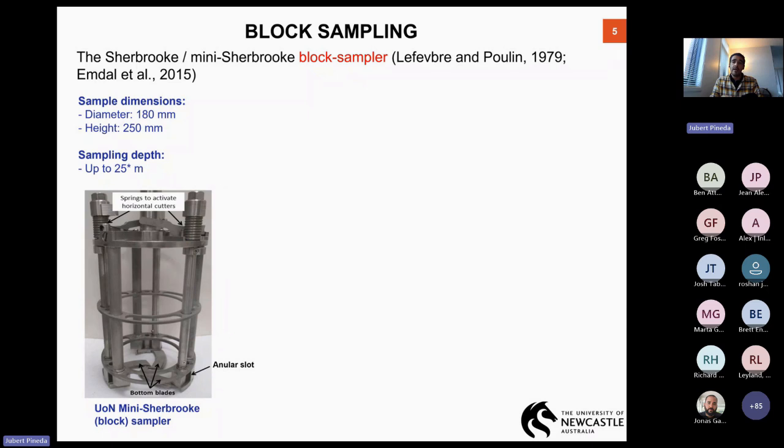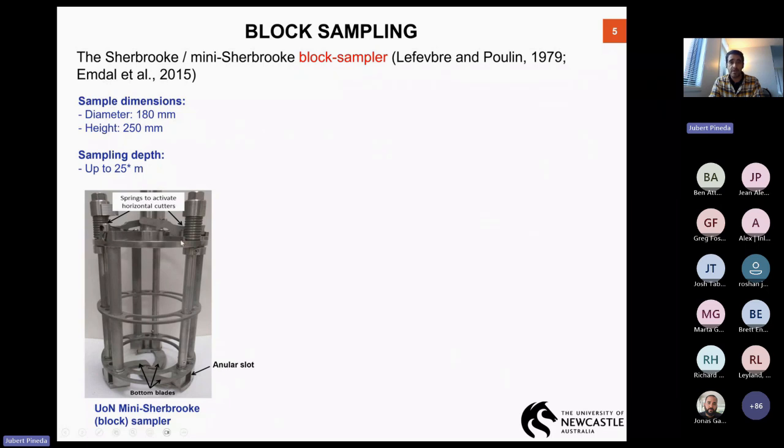Because the original Sherbrooke sampler was basically used by academics in order to perform research on high quality block specimens, the NGI from Norway, the Norwegian Geotechnical Institute, decided to redesign the sampler.